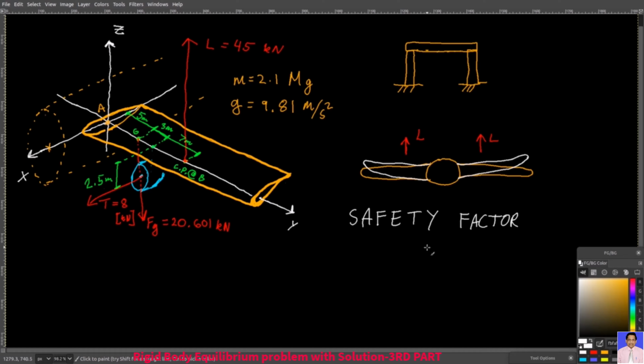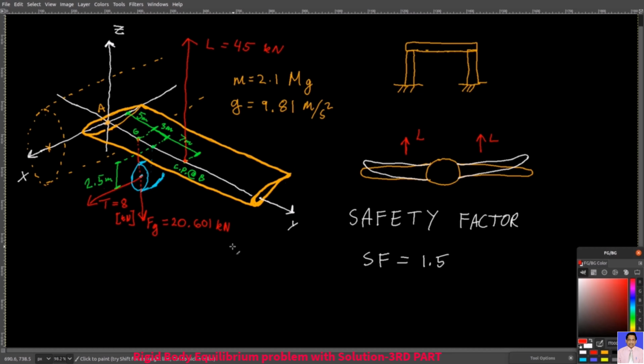It means that if, for example, the safety factor is 1.5, then all that means is that we find out at which load the wing fails, in other words, breaks.